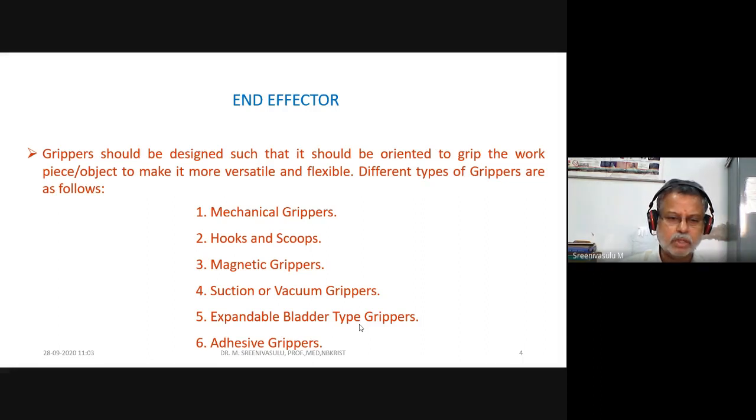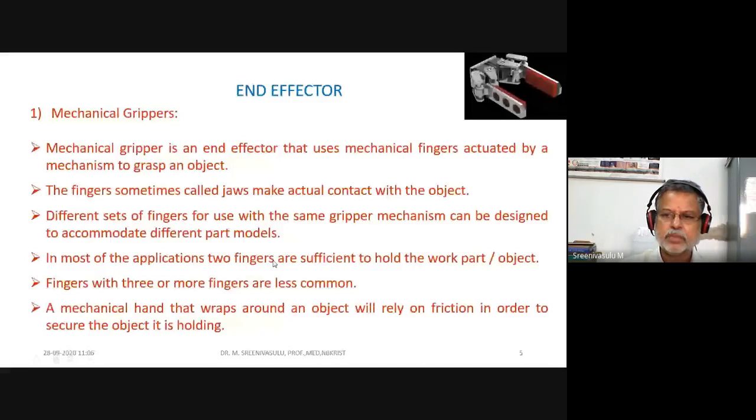Now you can see fingers, sometimes called jaws, make actual contact with the object. Some simple things. Normally in robot applications, only two fingers are going to be there. You see here, some critical mechanisms have been accommodated.